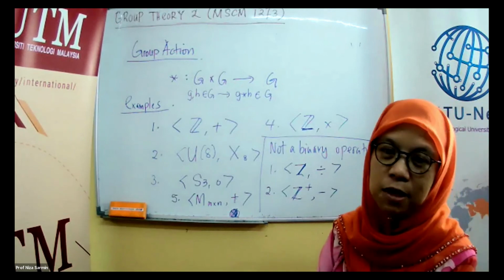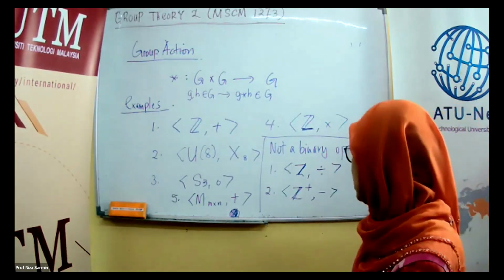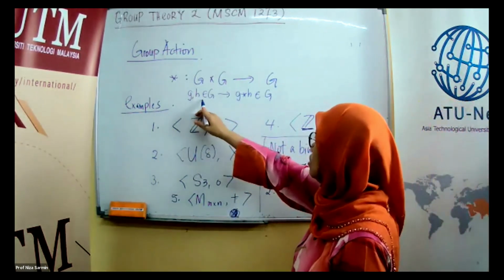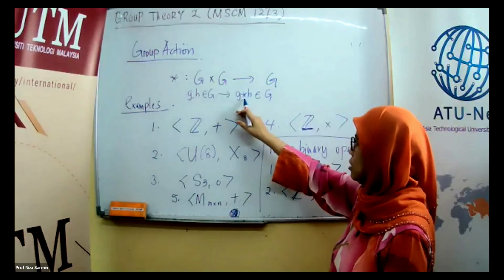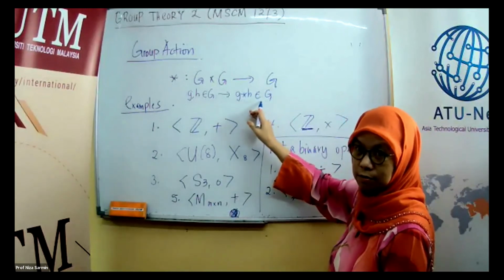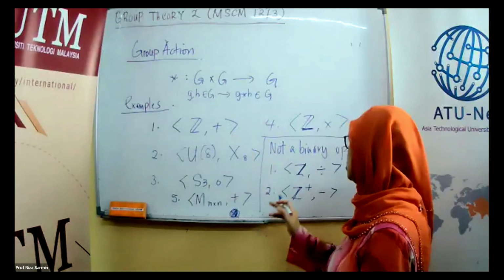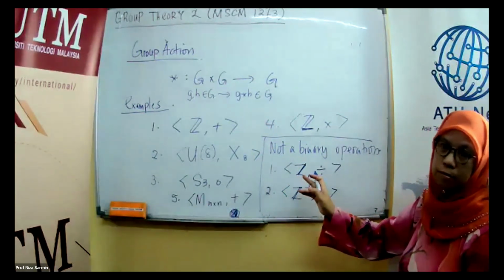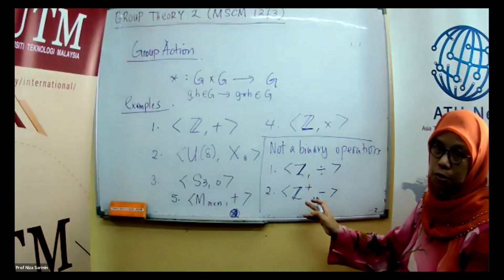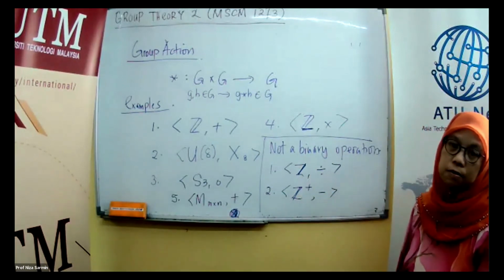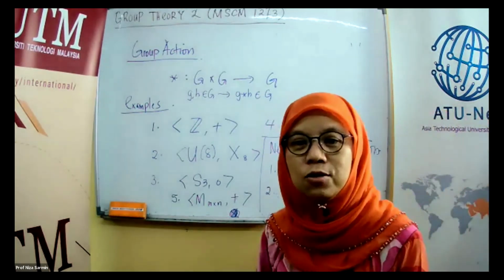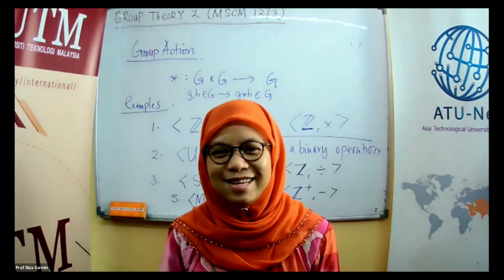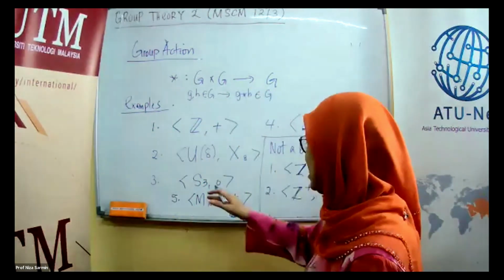So this is not a binary operation under Z plus. You have to be taking 2, do the binary operation, goes back inside. Okay, cannot go out. This one, it becomes not integer, it's a rational number. This, it becomes negative, not positive. Okay, Ayn, you understand now? If you understand, you give me 1, 1 here and 1 here.